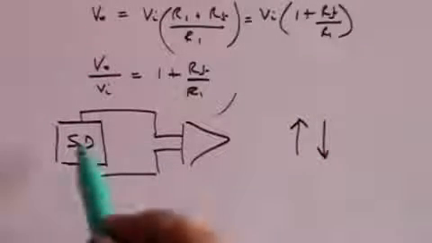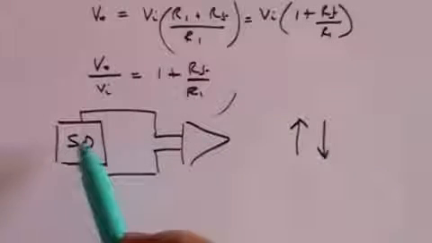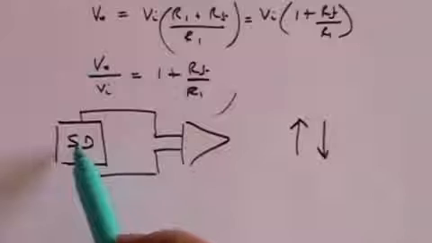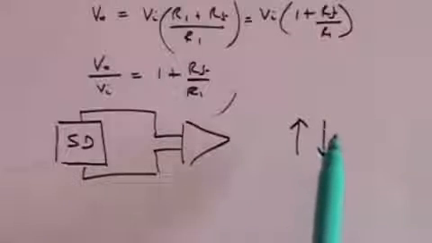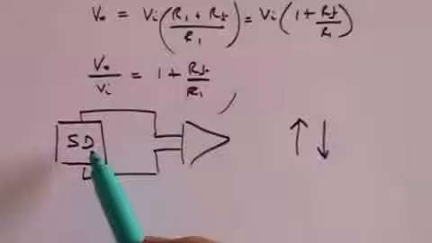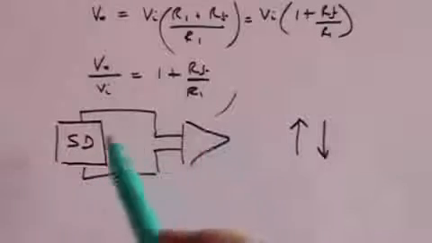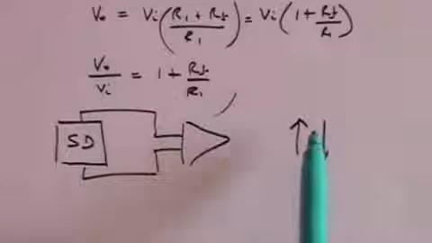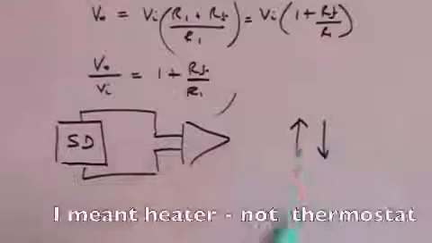And the trick is that you want the voltage to change direction when a certain key point is passed with the sensing device. So if it gets too dark, you want the voltage to change so that that will then trigger a light being switched on. If the room gets too cold, the sensing device gets too cold, then you want the resistance to change such that the voltage changes direction so you can switch the thermostat on.